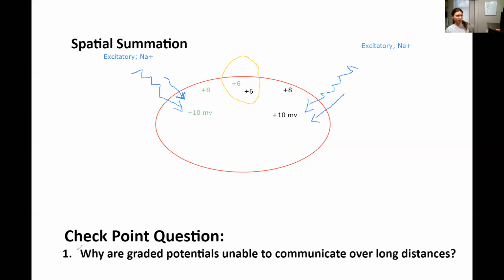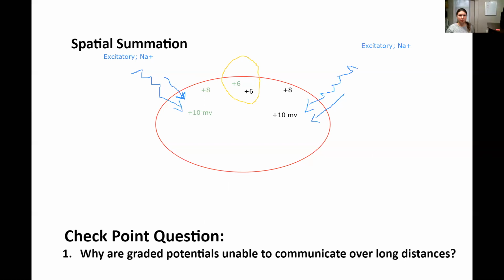So does anyone want to go ahead and answer this question at the bottom? Why would these graded potentials that we've been drawing be unable to communicate over a long distance? Because they dissipate. Exactly, because they dissipate. So once they get farther away, there's none left. So the charge isn't enough to get very far.